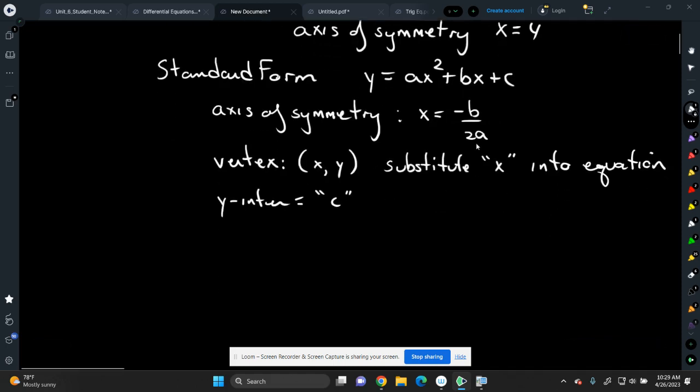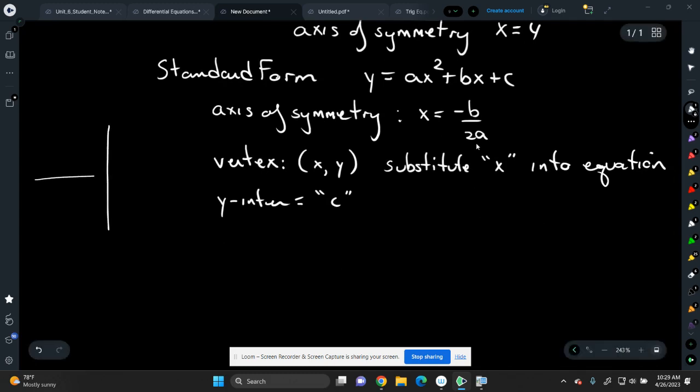So when we have a standard form, remember we would put a little dotted line where the axis of symmetry is, and we have a y-intercept, and we have a vertex, and then we find another point that's mirrored, and we have a nice graph of our parabola. Okay, that's our standard form.